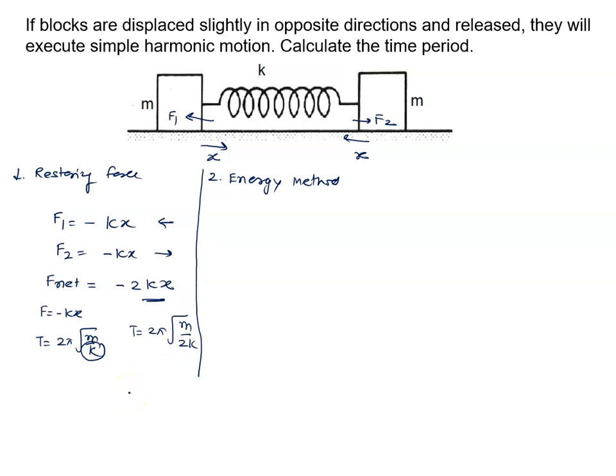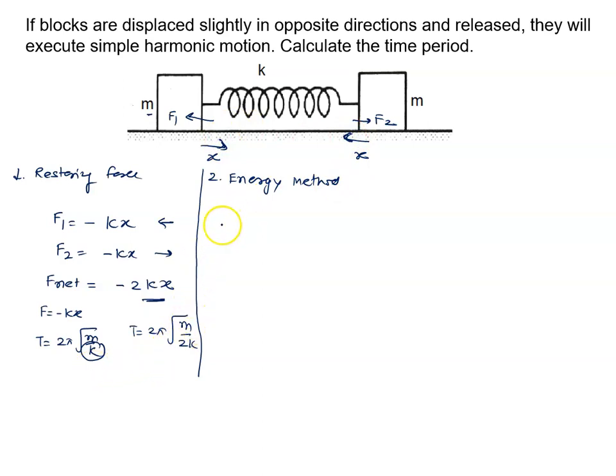We know there is no external force along the direction of motion, only an internal force is acting, and that force is the spring force, and we have discussed earlier that the center of mass of the system will not change during the motion. Let's say this block M moves toward the right by distance x, and this moves distance x left, then the total compression in the spring is 2x.